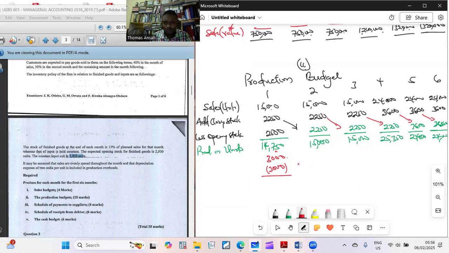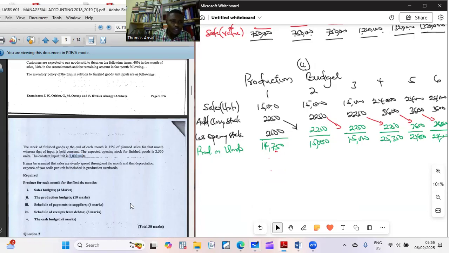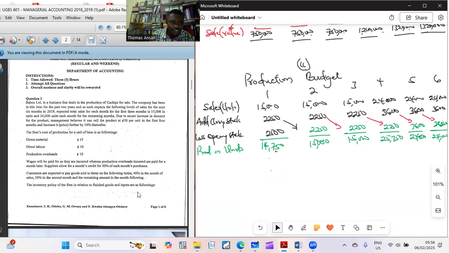This one too, the closing balance will be here, and it is the same thing they begin with. So better put the statement there and be free. Apart from that, so that you get the raw material usage, because you were told that the raw material, which is the direct material, is 15. So constant means that the one that you are going to buy is equal to the production unit.